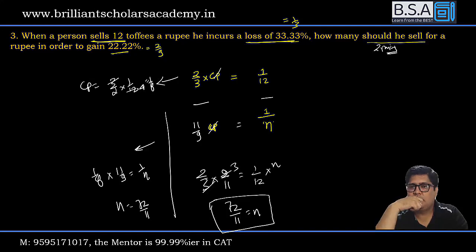Any doubts in this? One by 12 and 1 by n are the selling prices.